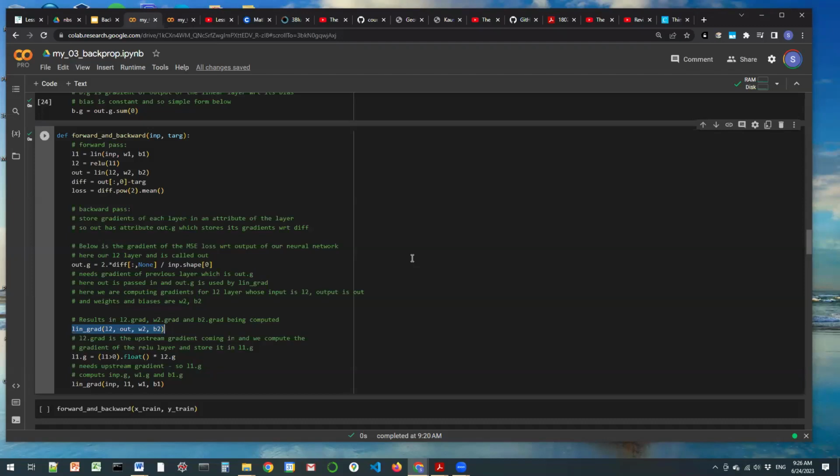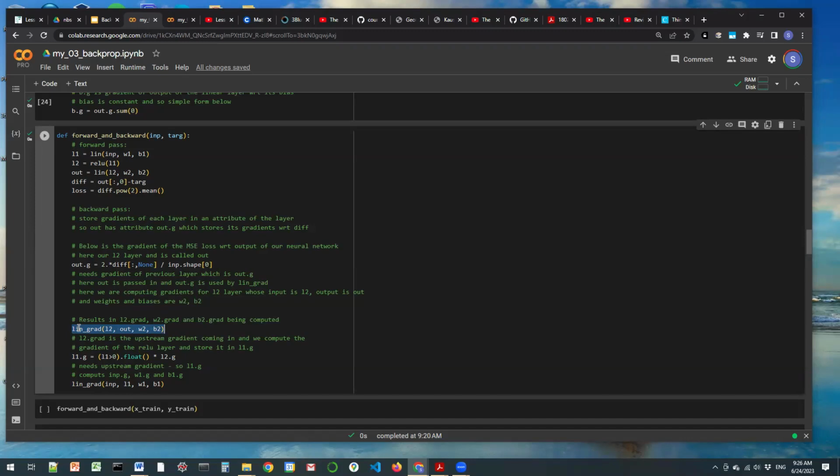That's why the diagram that I have in my slides is important. out.g is actually the gradient of the loss with respect to the input coming into the loss module, which is out. Therefore, out.g stores the gradient of the loss with respect to output. Similarly, L2.g will store the gradient of the loss with respect to L2. And the gradients of W2 and B2 will be stored in W2.g and B2.g.